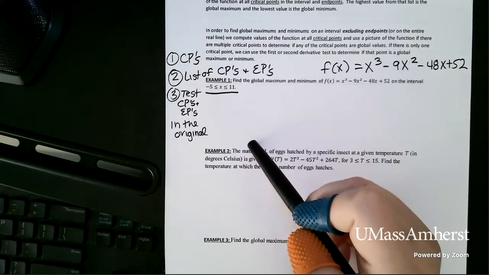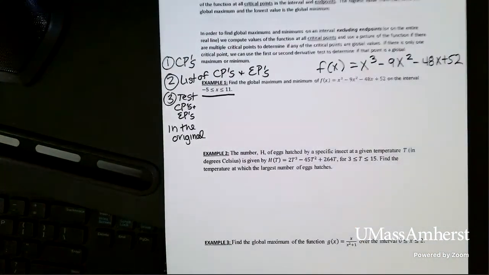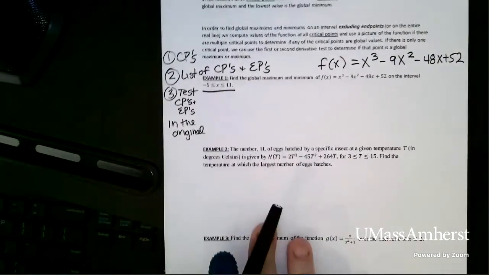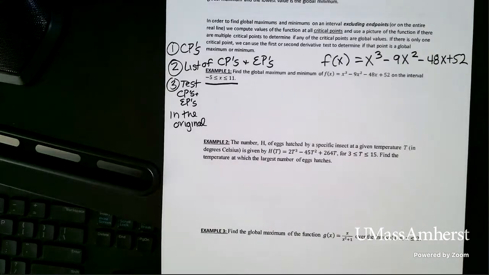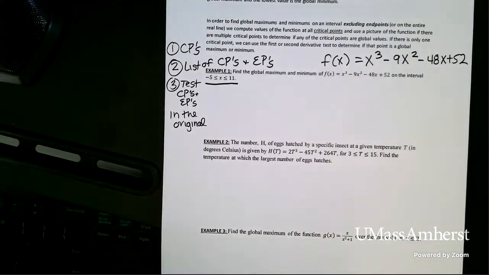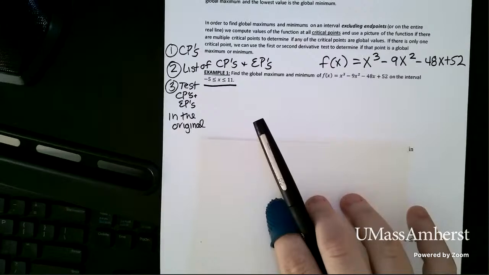Once you have those y values, you have to figure out which one is the biggest and which one is the smallest. That's your global maximum and your global minimum. Okay, so I'm going to give you about 3 minutes.